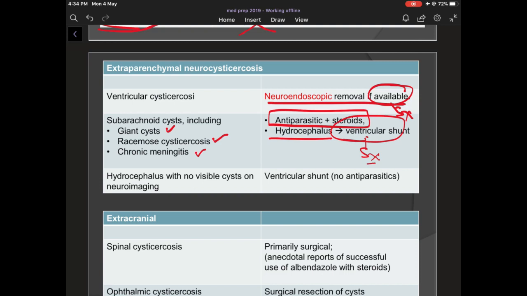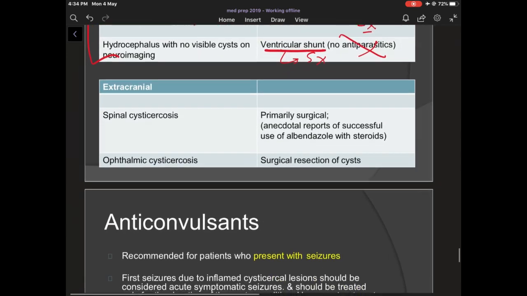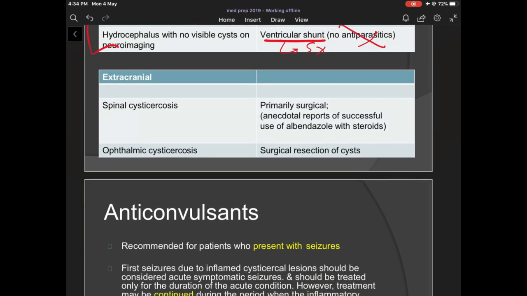This means surgery. Hydrocephalus with no visible cysts on neuroimaging, we do ventricular shunting and no antiparasitic treatment. It's again surgery. So these are the indications when we require a surgical approach. In extracranial cases, when we have spinal cysticercosis, the primary care is surgical. There are some reports of successful use of albendazole with steroids, but mostly it's surgical.